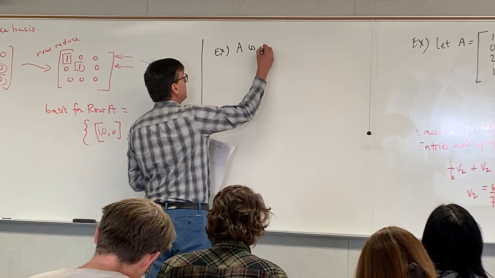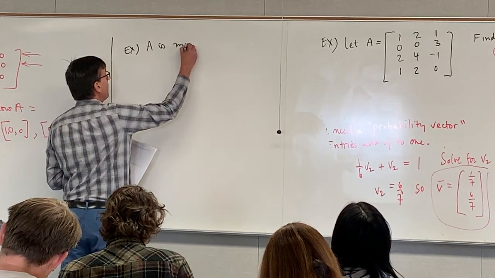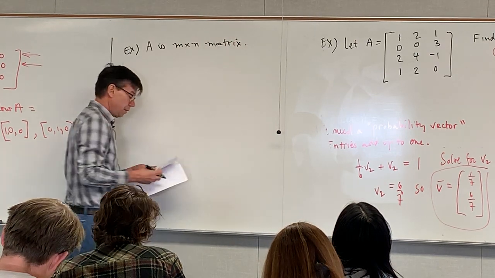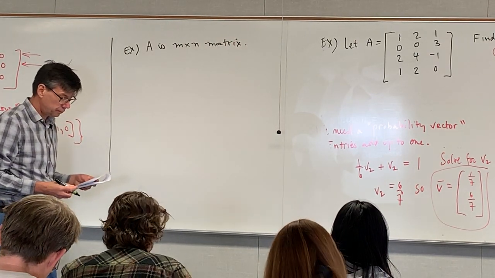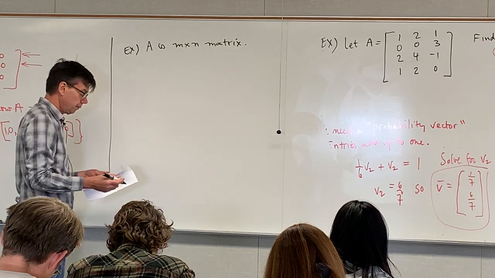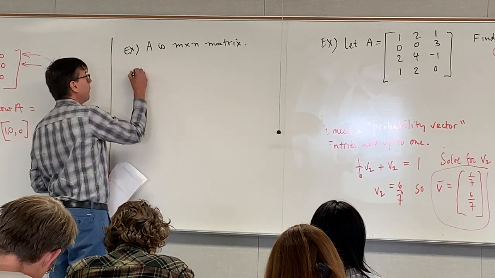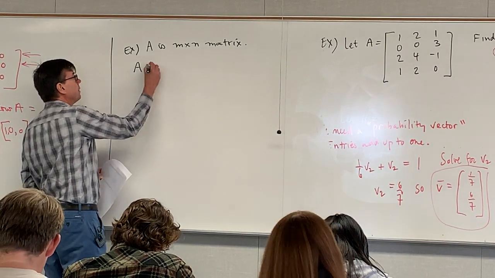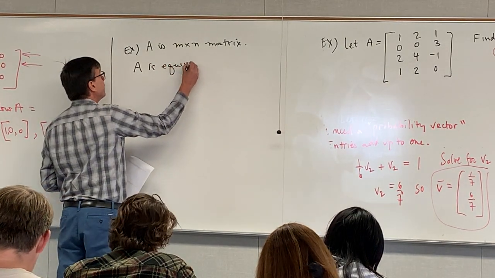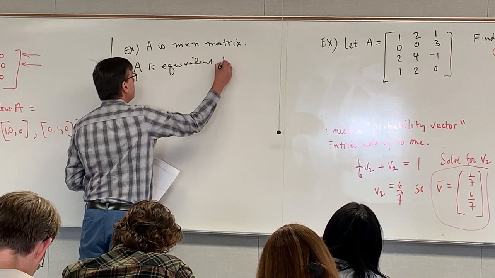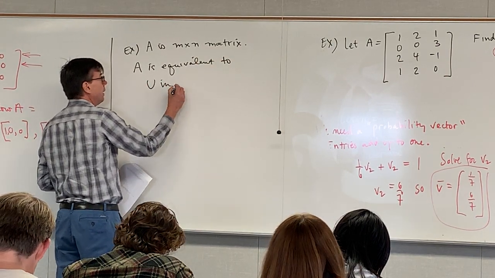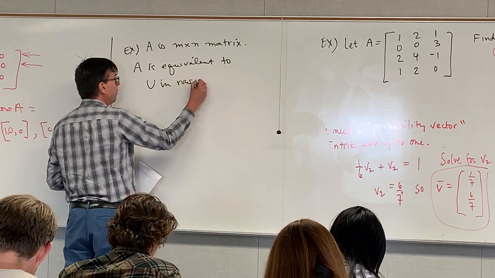A is an m by n matrix. A is equivalent to U in row echelon form.